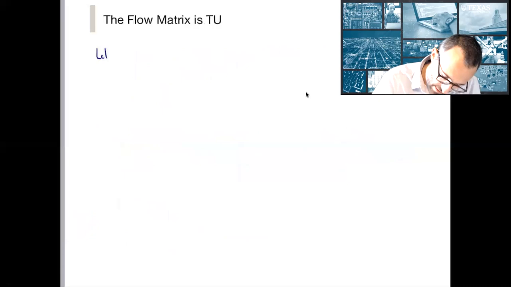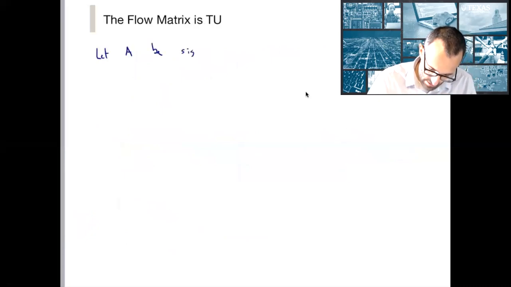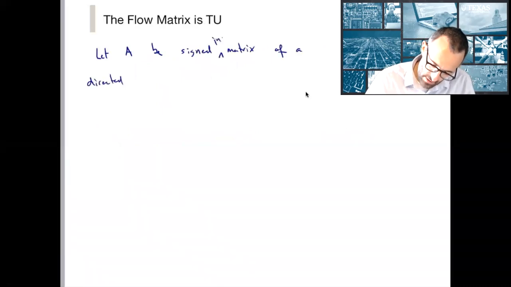So let A be the signed incidence matrix of a directed graph.